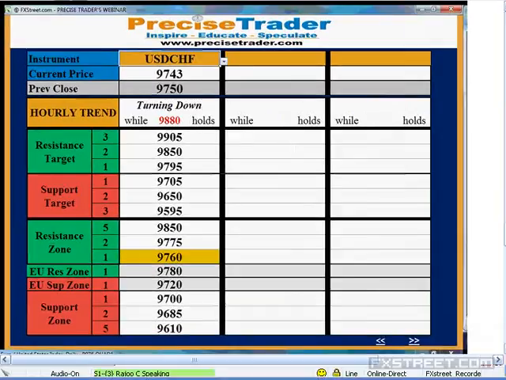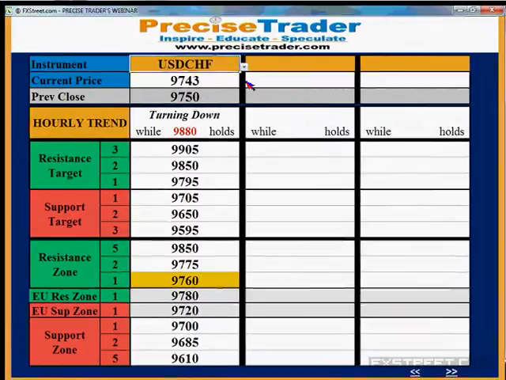Okay, the dollar Swiss, the current price is 97.44, and basically it's trading near the previous close. That means the market is pretty flat compared to yesterday's close. We have to take note of that, because whether it's trading below or above the open gives us a comfort zone.